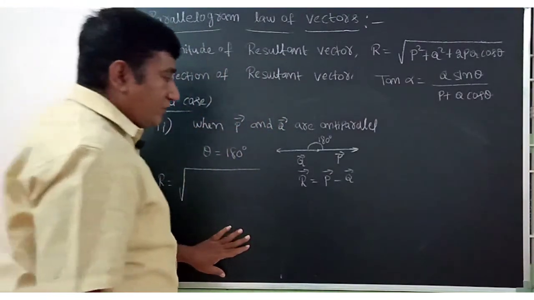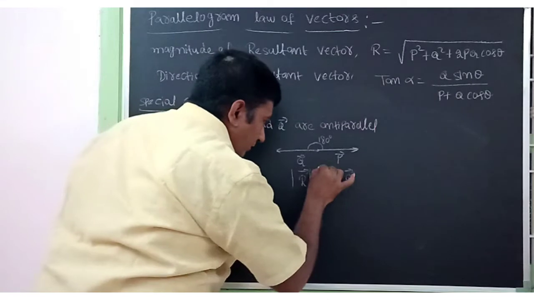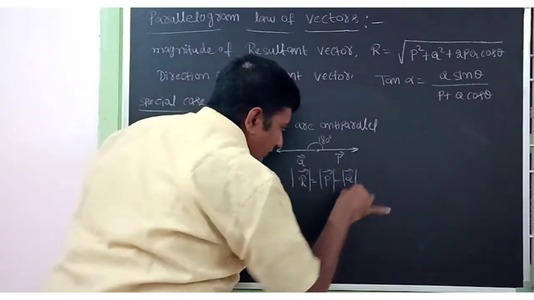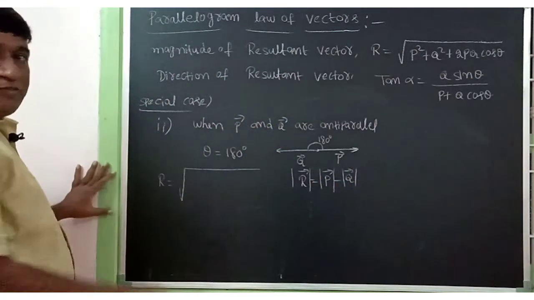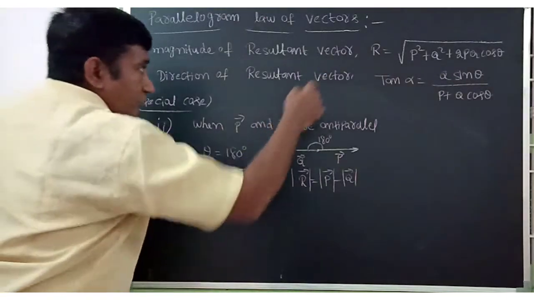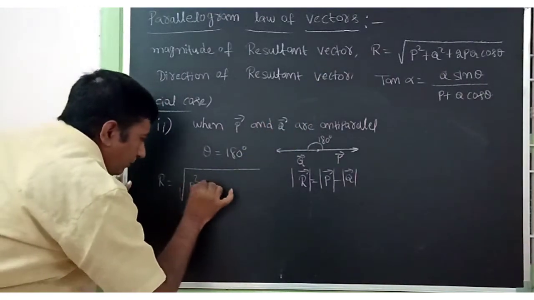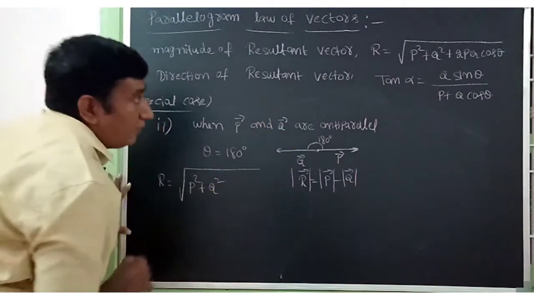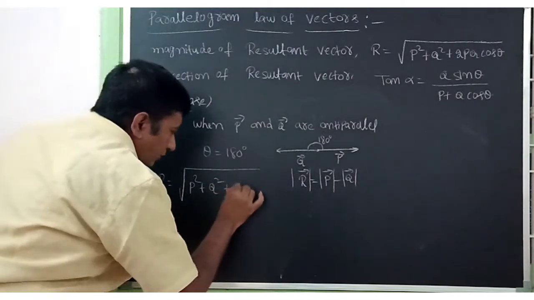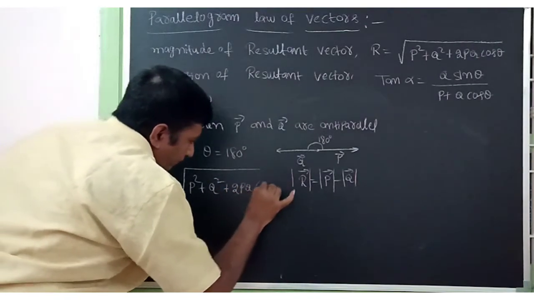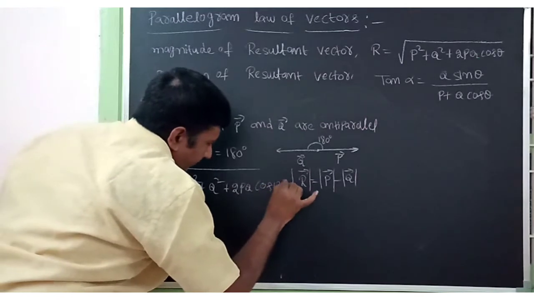In terms of magnitude, that's p square plus q square plus 2pq cos 180.